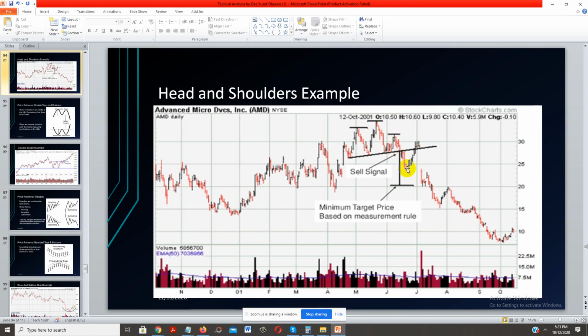Now it broke down, you did not take profit because you were expecting the bigger move. It now reversed again, a micro move, and then hit above this neckline again, which served now as resistance. So if you are using a very close stop loss, it's possible that this stop loss will be hit, price will reverse, and then the trend that you predicted initially will still come to pass.